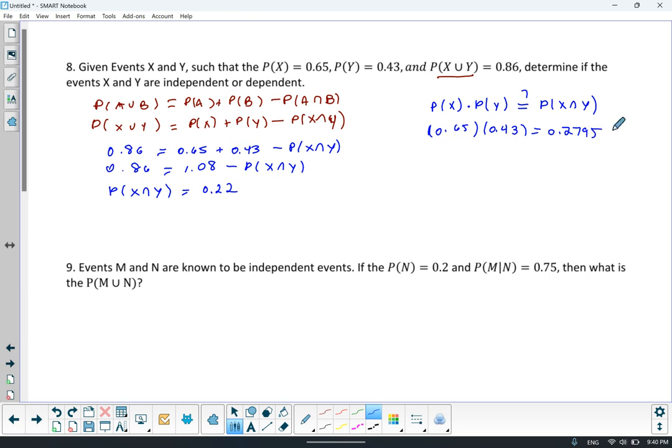Well, that does not equal 0.22. That's that joint probability. So you can say since probability x and y does not equal probability of x times probability of y, the events are dependent.